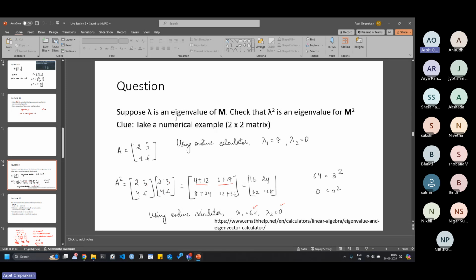Or you'll be given that lambda is an eigenvalue of m and asked to find the corresponding eigenvector, or you are given that this is the eigenvector of m and asked to find the corresponding eigenvalue. So things that require matrix multiplication and all, and that's pretty simple to do using the calculator.